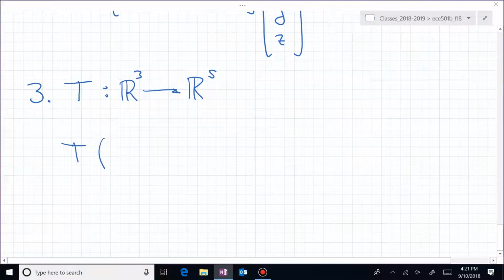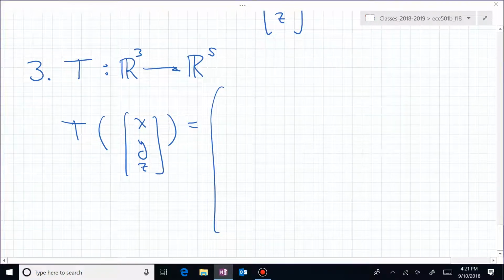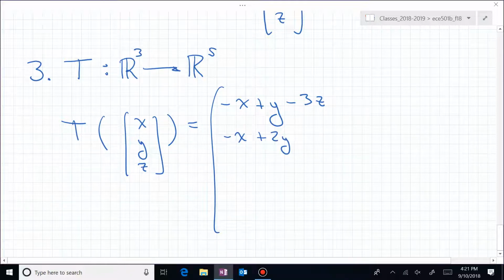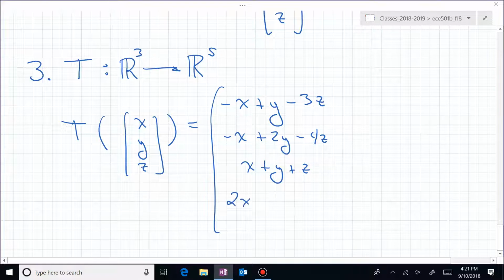Again, we're looking at a 3-vector x, y, and z, such that minus x plus y minus 3z, minus x plus 2y minus 4z, x plus y plus z, 2x plus 3y plus z, and one more relationship, let's say, is x plus 2z.